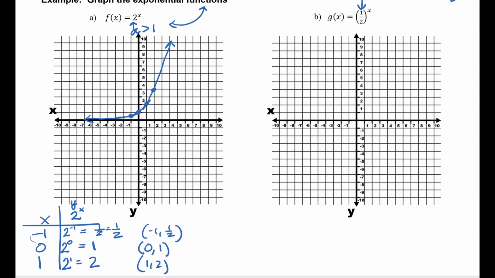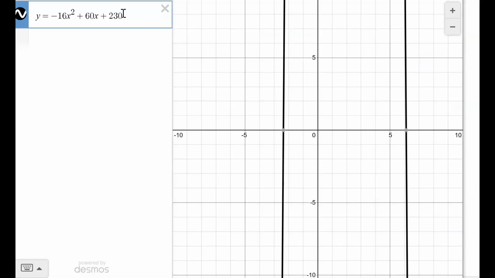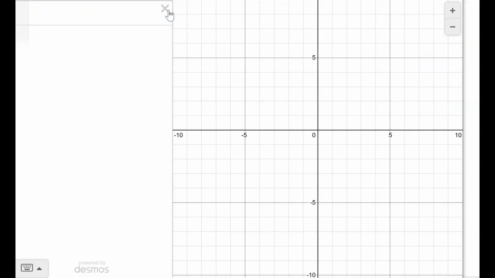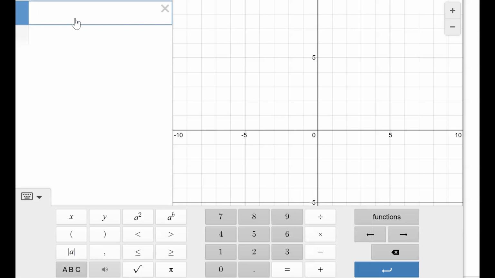And so if we're going to go with Desmos, we could just type in y equals, and with Desmos, we've been choosing the a squared with quadratics, you're going to want to pick the a to the b because you want your exponent, the b represents the x here, so you're going to want to press that button.